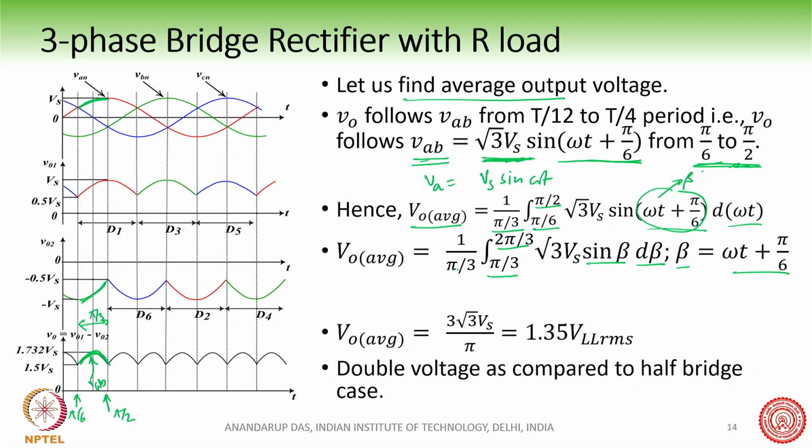When you do this, it is pretty simple, you get 3 root 3 Vs by pi, which is 1.35 times the line voltage RMS.